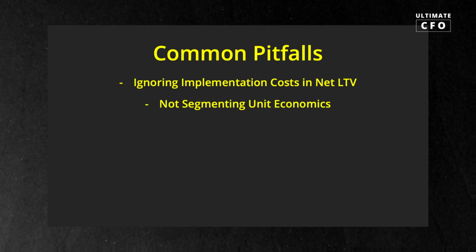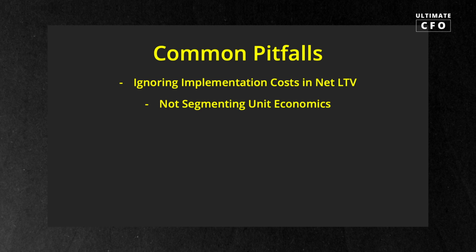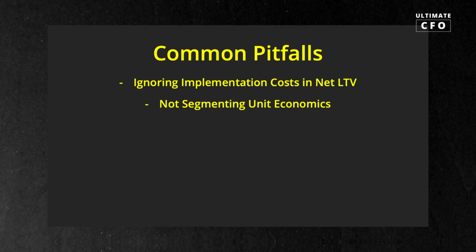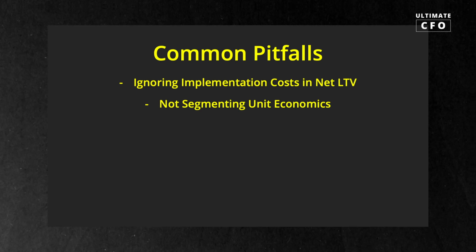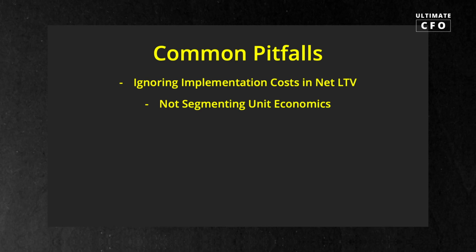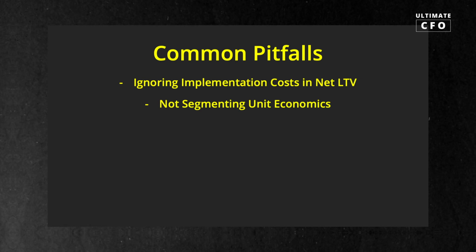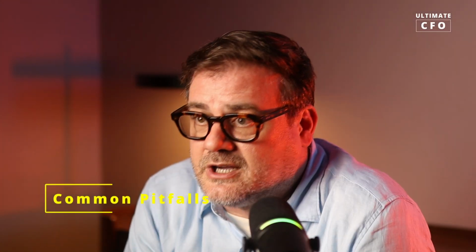Not segmenting your unit economics, right? If you're assuming that all customers and products have the same unit economics, you're not going to be able to identify the channels, customers, products that are giving you a better profitability than others.